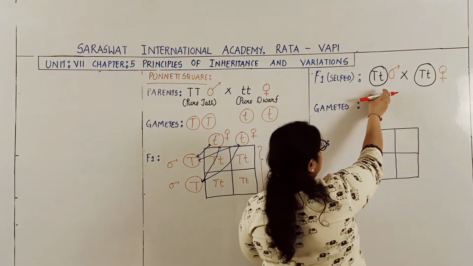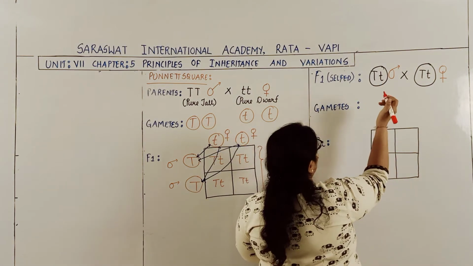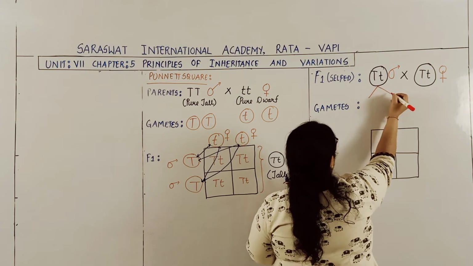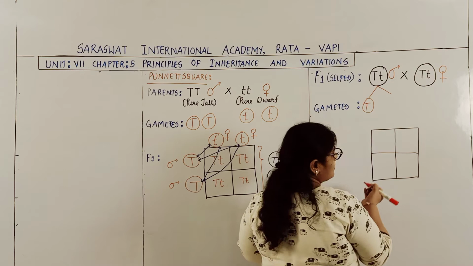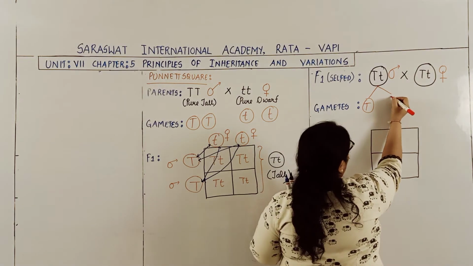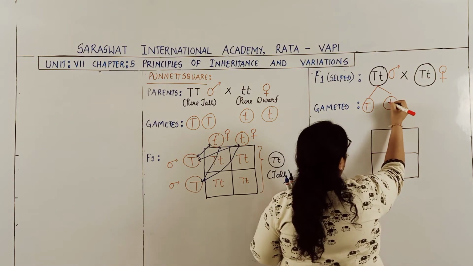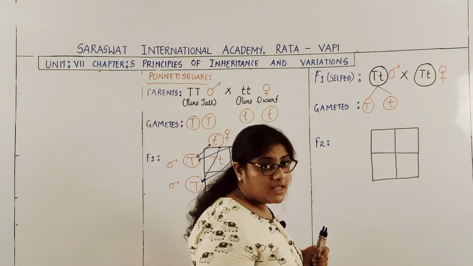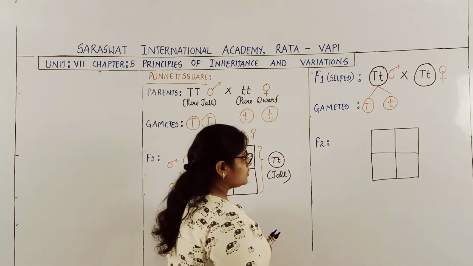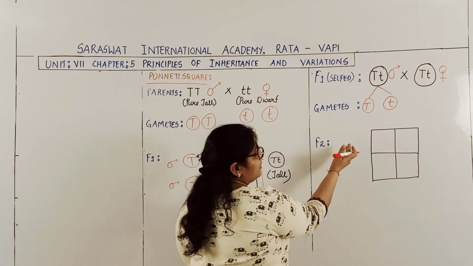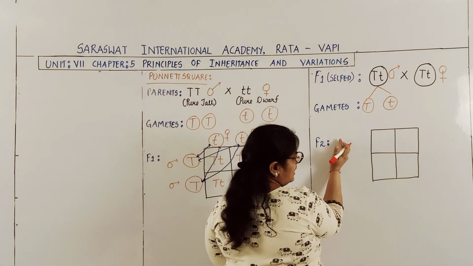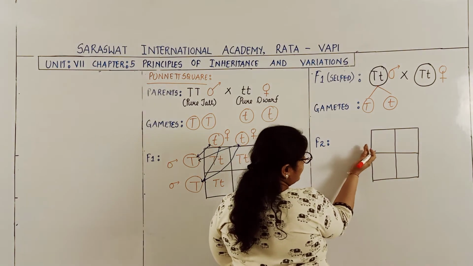Now this is a male parent. Now this male parent will produce two types of gamete. 50% of the gametes will contain the allele capital T, 50% of the gametes will contain the allele small t. Now students, same thing, the Punnett square. So they are represented on the left columns, outside the left columns.